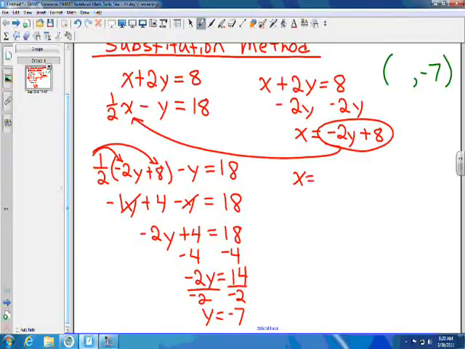So x equals -2 times -7 plus 8. So what would we get?